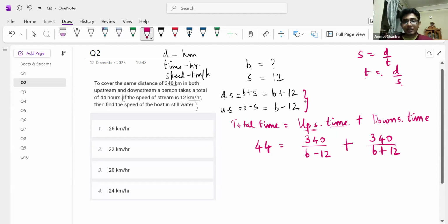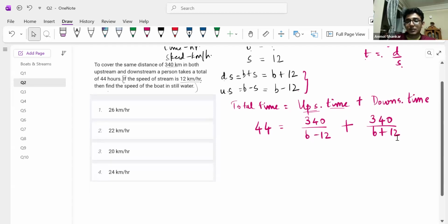So the boat and stream part of this question is over. From here it is solving the equation. What is the next step, how do we proceed in solving this equation?